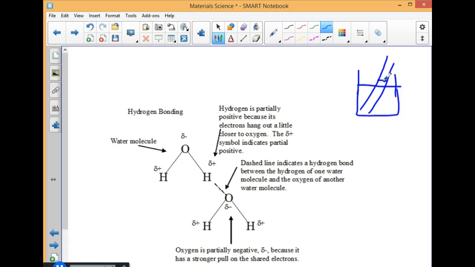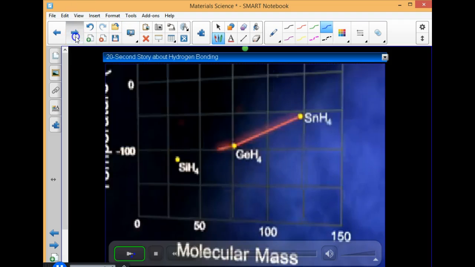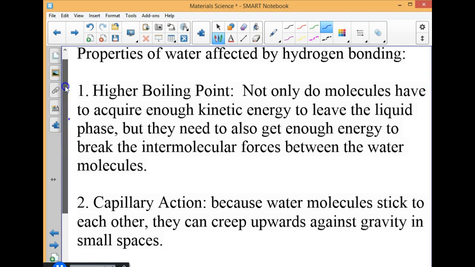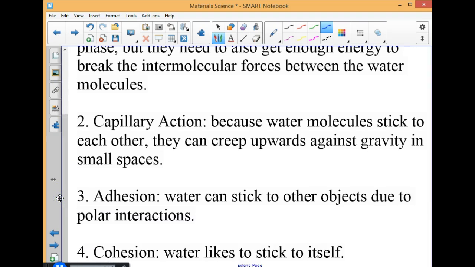The reason for that is because these opposite charged ends are being attracted to the straw and are starting to travel up the straw because of attractions. Water can stick to other objects, and to itself, because of these oppositely charged ends.